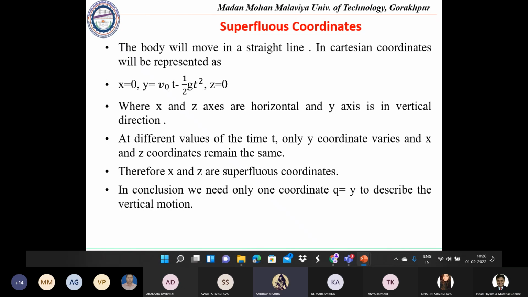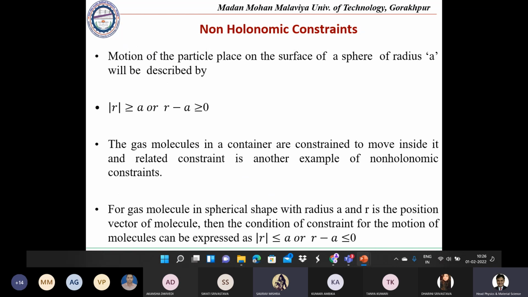In the previous slide, the last point, sir, it is confusing. It is showing that R is the position vector and A is the radius of that molecule. So how is R smaller than or equal to A? I mean, sir, R should be greater or equal to A, no?